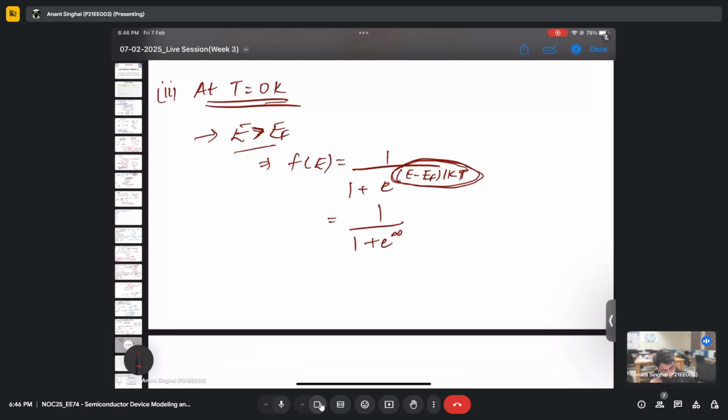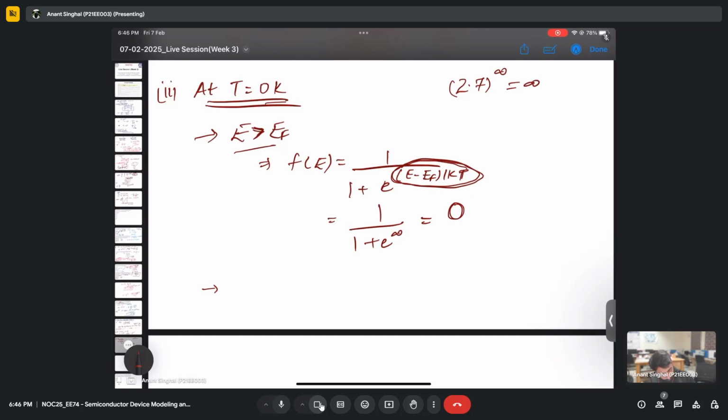It will be infinity, with E greater than EF. E to the power infinity is infinity, so 1 by infinity is always 0. And e to the power minus infinity is 0.